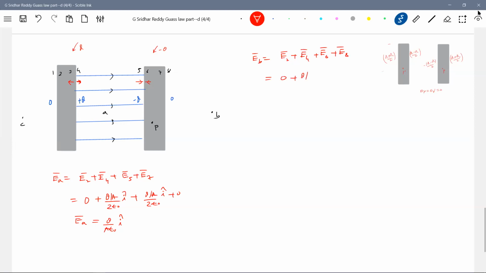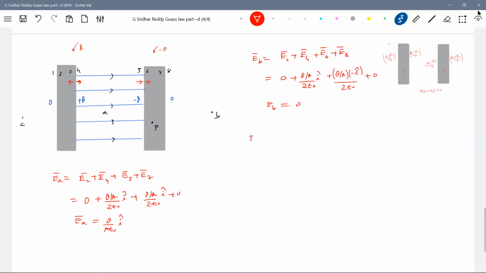Due to 4, Q by A. Due to 6, it will be minus i cap. Why minus i cap? At B, the 6 will contribute, and look at the field now, it is towards left, so minus i cap. So this will be 0.